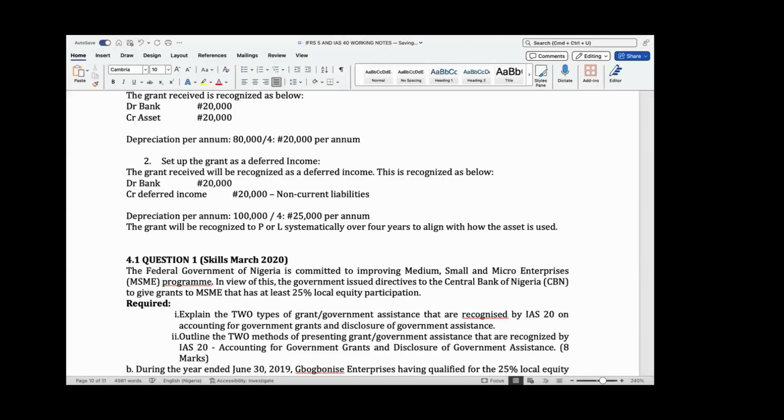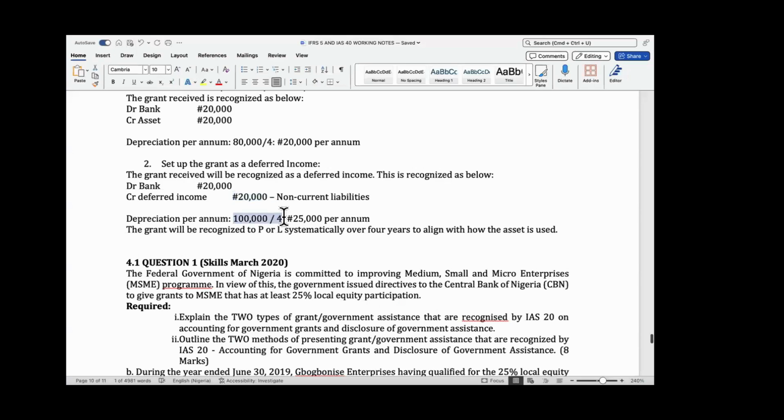Okay. So you see, this systematically will now depend on how you're depreciating the asset. If you are depreciating the asset on a straight line basis, that means you are going to recognize this grant as income on a straight line basis. If you are recognizing depreciation on the assets on a reducing balance basis, that means you are going to recognize this grant to income on a reducing balance basis.